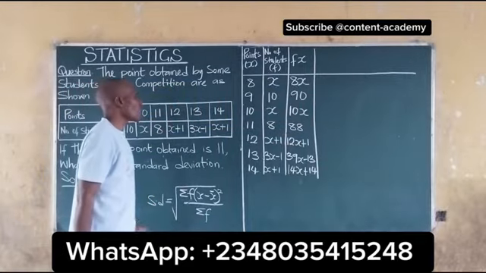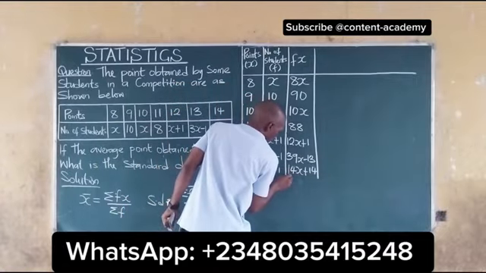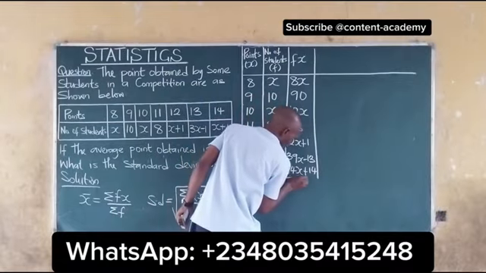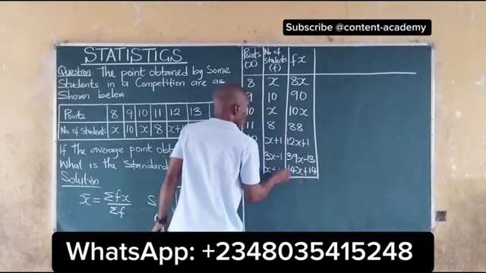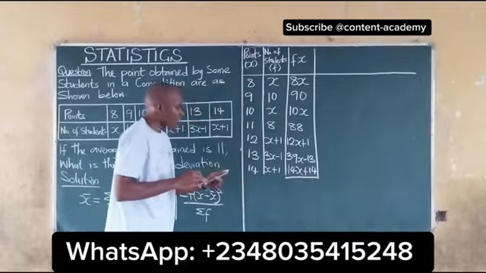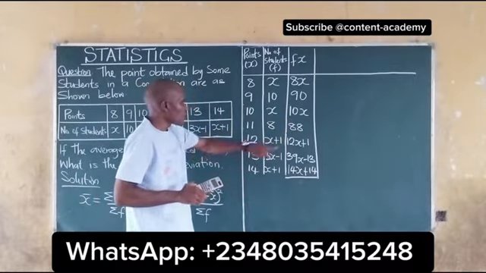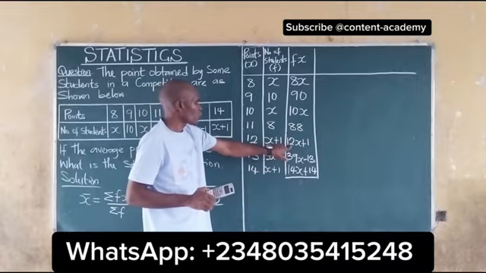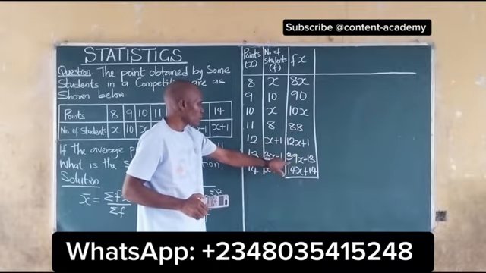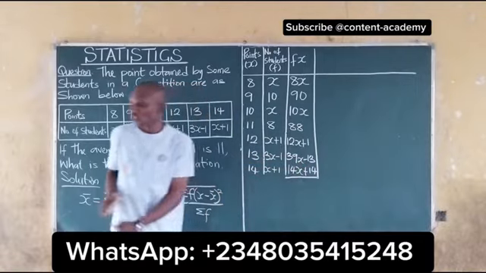So we have to calculate for the mean first. To calculate for our mean, we have to sum the whole of this. Now, summing it, we have 8x plus 90 plus 10x plus 88 plus 12x plus 1 plus 39x minus 13 plus 14x plus 14.